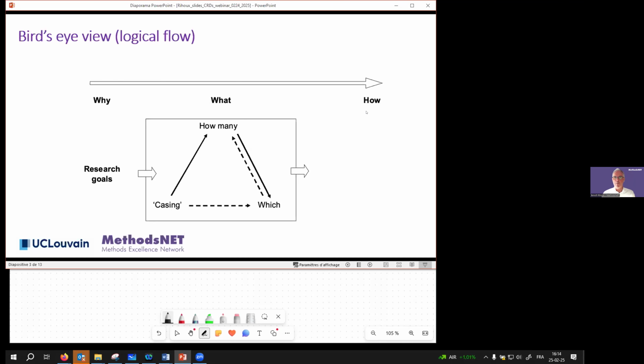That's the whole bit about data collection, data transformation or processing, and then data analysis when you do comparative research. That's also a very big topic. I will not have much time today to develop it. This will be on days 4 and 5 of the course in Vienna. So I'll especially zoom in on why compare and what to compare, and especially casing and case selection today.